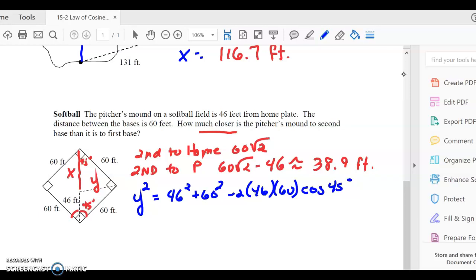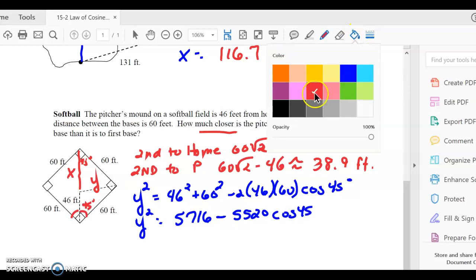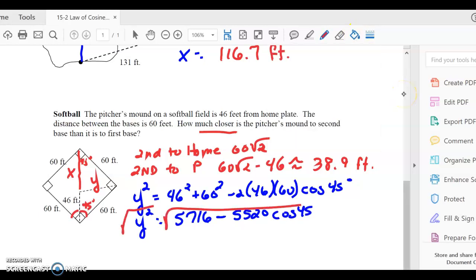However, because we're dealing with decimals and distances, I'm okay if you use the calculator. So we're going to get y squared equals 5,716 minus 5,520 cosine of 45. Again, take your calculator, take the square root of both sides, and we'll get y equals about 42.6.